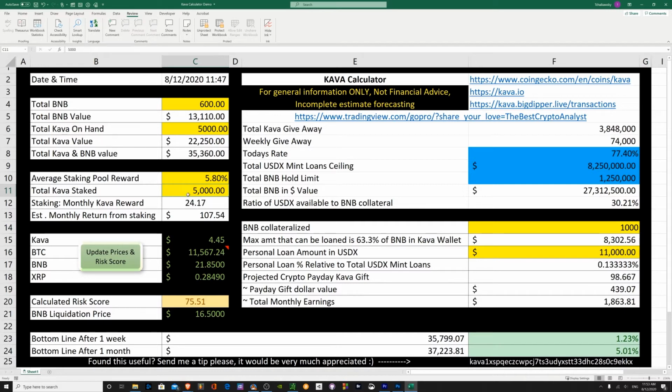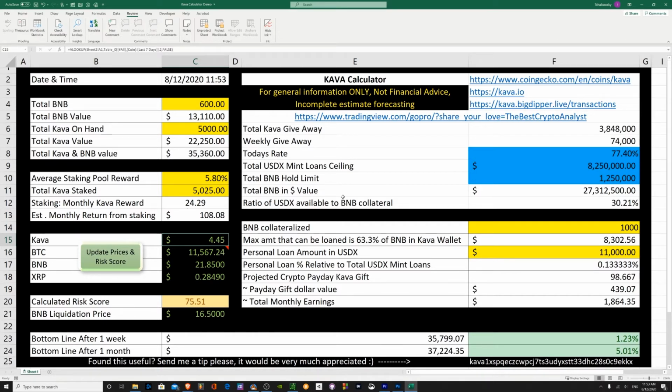After 1 month, your Kava balance would change from 5,000 to about 5,025. Then each month you would repeat that process. This compound growth is actually quite awesome, because you could just keep staking the funds that you get.